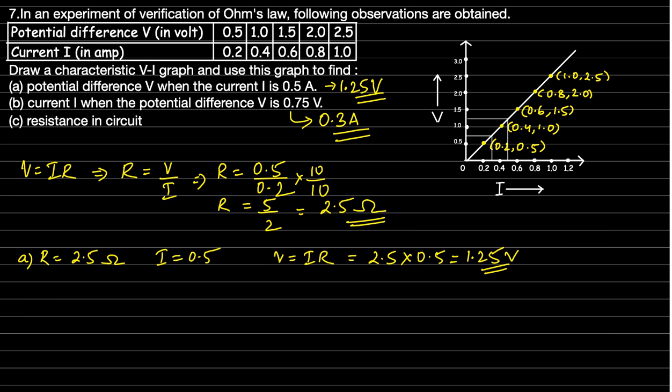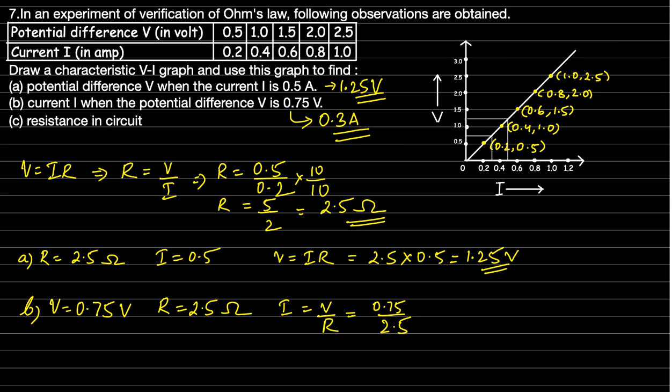Let's try the B part also. So B part is going to be V is 0.75 volts, and the resistance will be 2.5 ohms. So we need to find the current. So I from Ohm's law is V by R. So that happens to be V is 0.75 divided by R is 2.5.